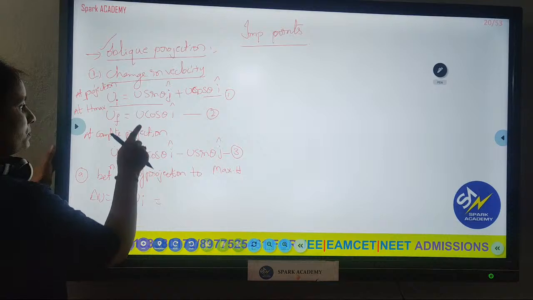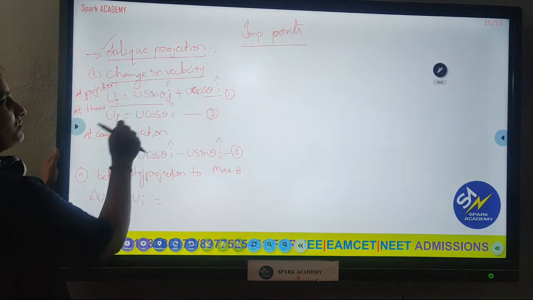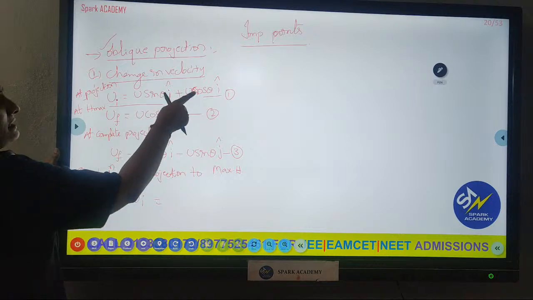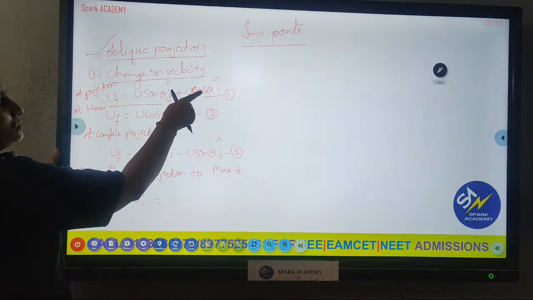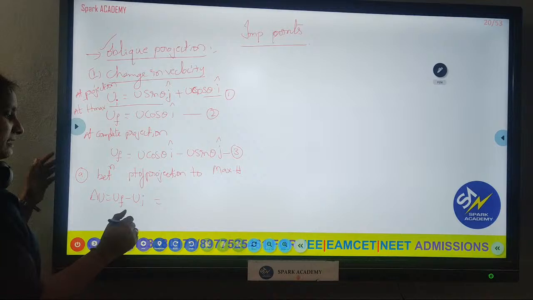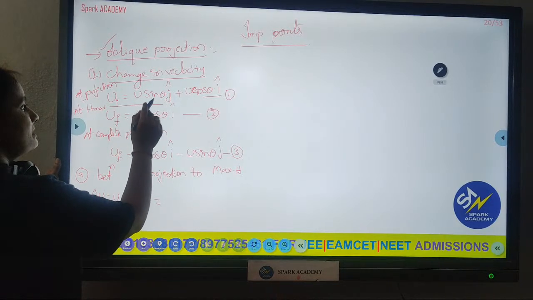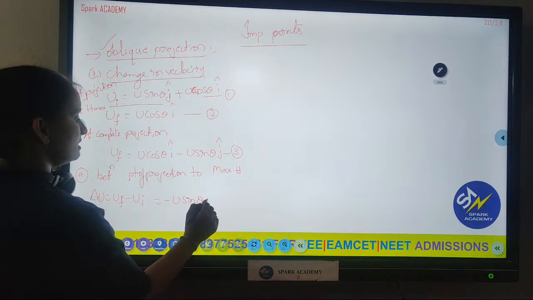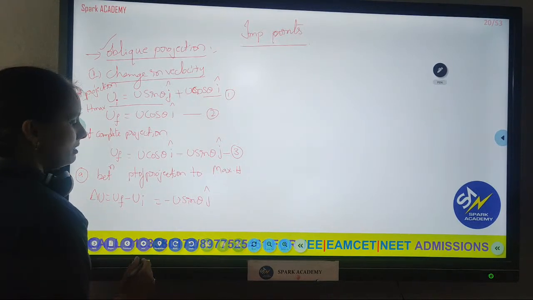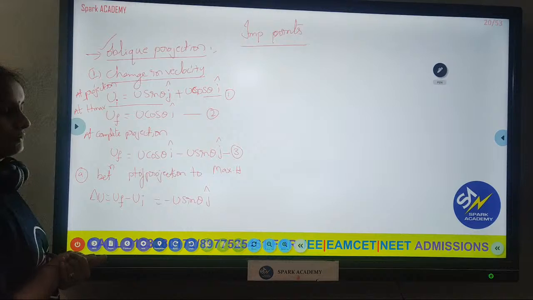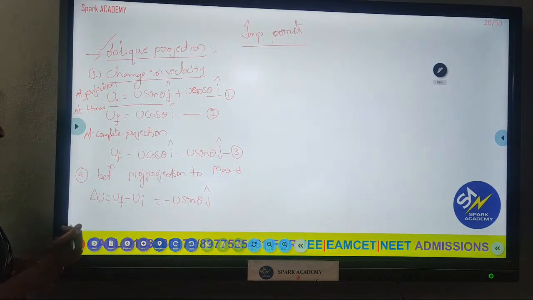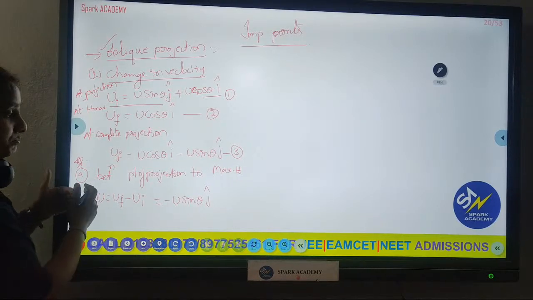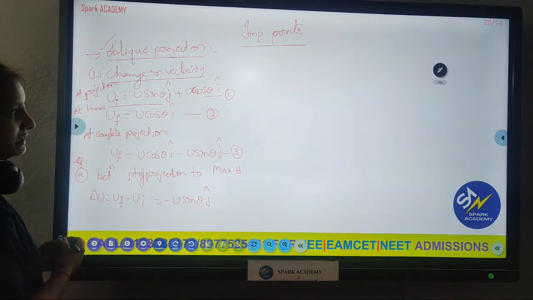Take the difference between these two. Then u cos theta into i minus u cos theta into i cancels, and only this component will be there. So it is minus u sin theta into j cap. Magnitude means square root of u sin theta whole square. So they can ask what is change in velocity between point of projection to maximum height.